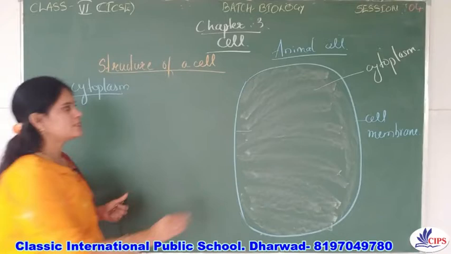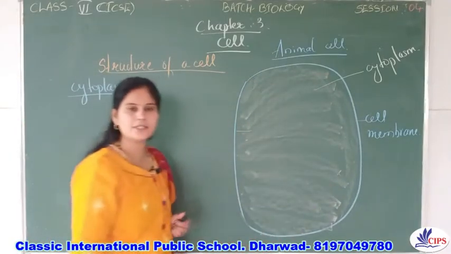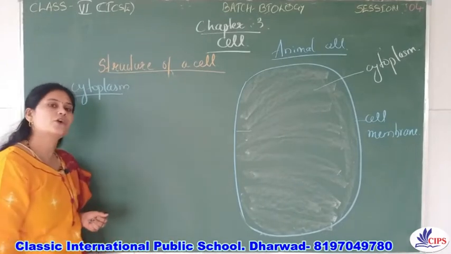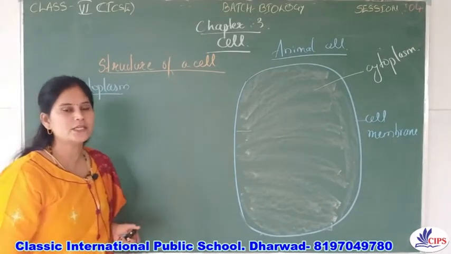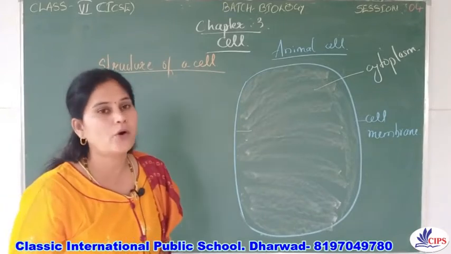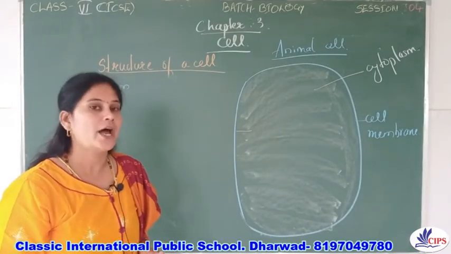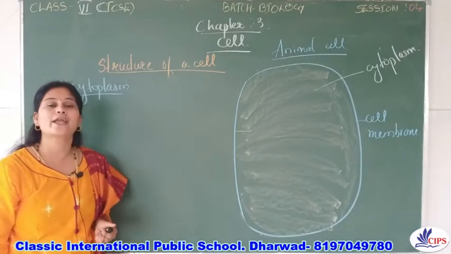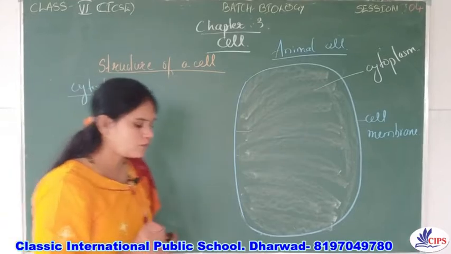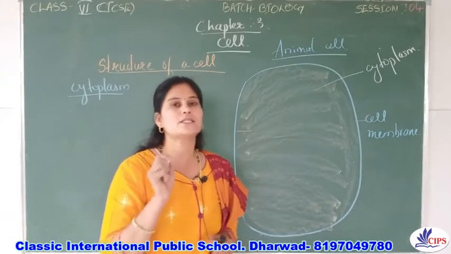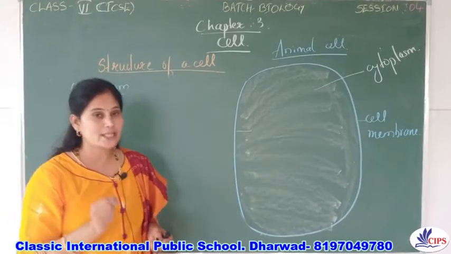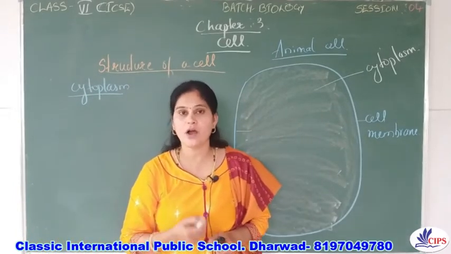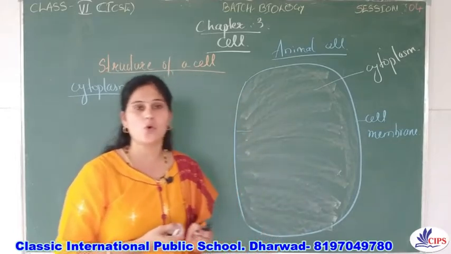And in this cytoplasm, we will see different living bodies or living structures, and those structures are called the cell organelles, right? What do you call those? Those are called the cell organelles. For example, endoplasmic reticulum, mitochondria, lysosome, ribosome, right?